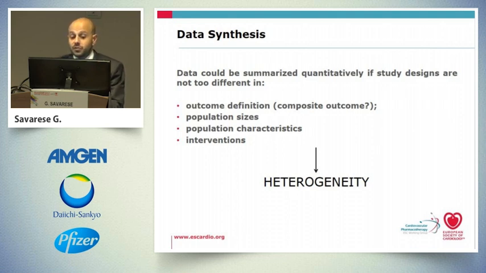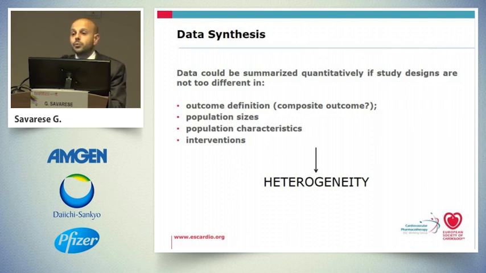It's important to consider the population sizes. If we have 100 studies, each with 100 patients, and there is one trial with 50,000 patients, it's obvious that most of the weight in the estimate of the effect of the drug will be determined by the hugest trial. Then it's important to be clear about the population characteristics of the trials we are selecting.